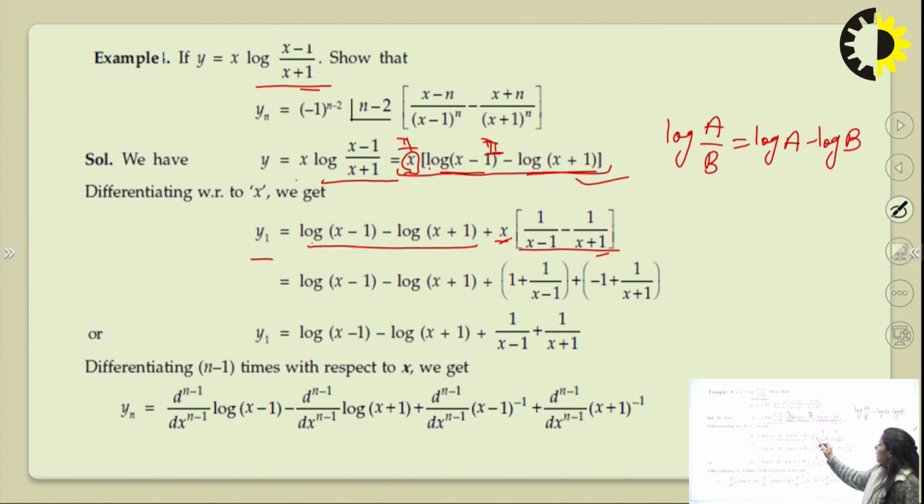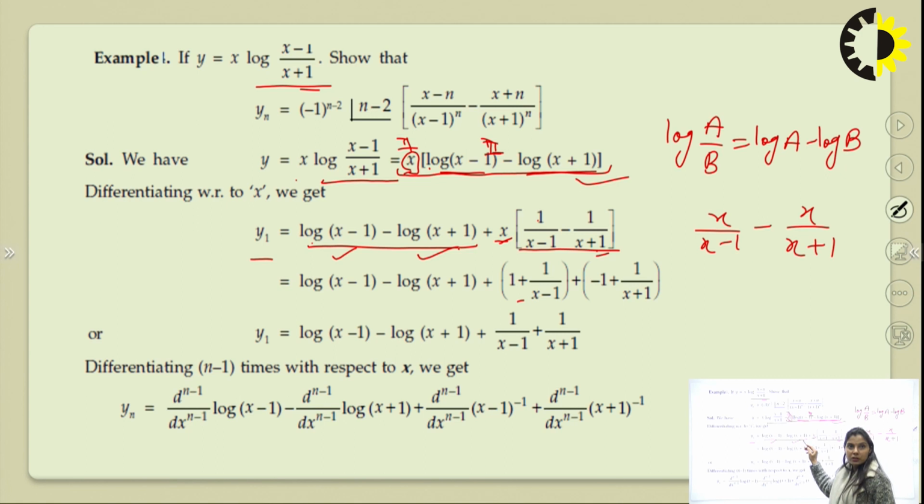Now we will multiply x in these two terms, then we will get x upon x minus 1 and minus x upon x plus 1. Here this is in standard form, but this is not in standard form, and this is also not in standard form.